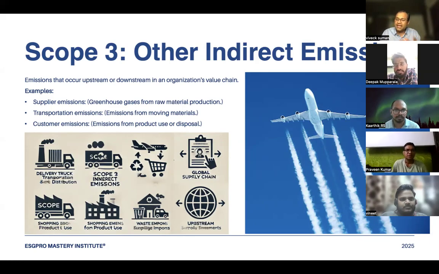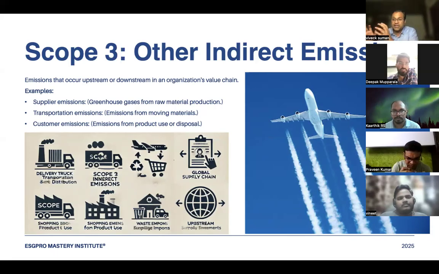So I'm emitting only when I'm burning. Burning it. So hence you have to look into whether this burning happens on the ground in my premises, in my operational boundary, or is it happening outside of my operational boundary? When we are talking about purchased electricity, I purchased the electricity, but where is the burning happening? Is it in my premises? No, it is happening in the thermal power plant. Sorry, if you are not following English, I will be in Hindi. Then I will be in English only. So you are following it, right?